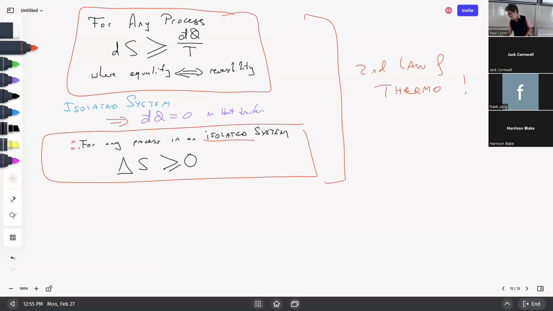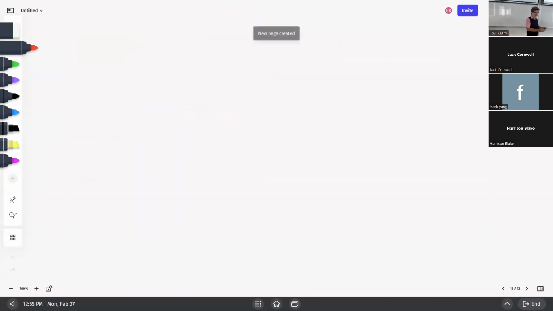Can you measure entropy? If I give you something and say... yes, question. We can handle non-quasi-static, non-equilibrium processes. I'm going to do that probably in the next hour, okay?